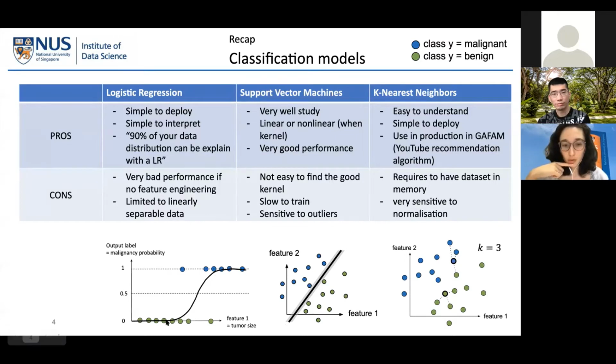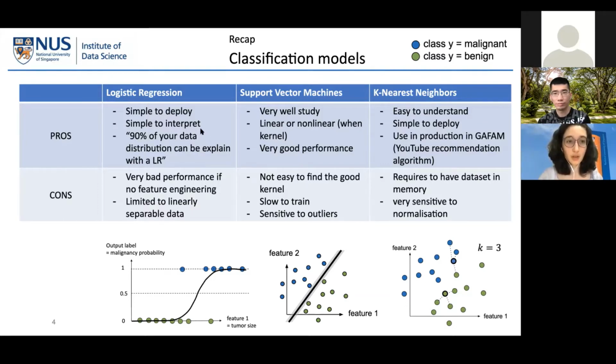The model is the line in black that tries to discriminate between the two classes. And k-nearest neighbors is a non-parametric type of model where we just look at the neighboring points in order to attribute a class.